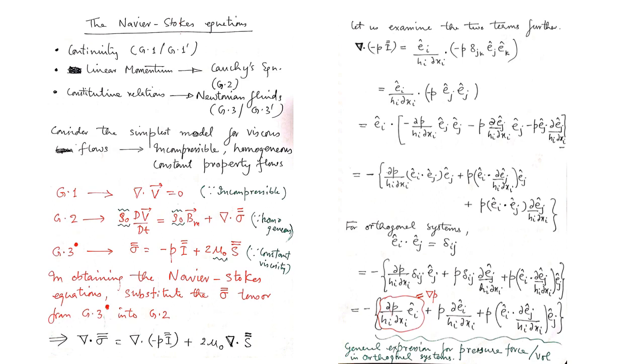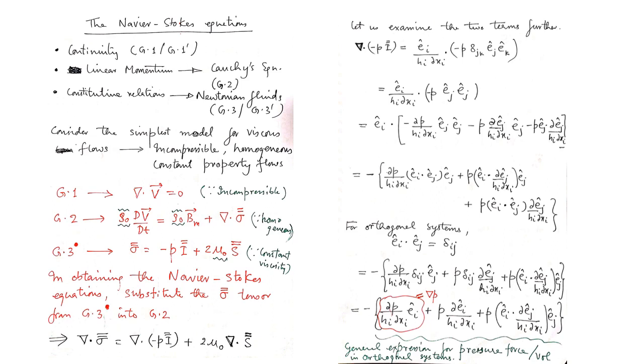Okay, so once these general relations G1, G2 and G3 are simplified using the ideas of incompressible, homogeneous and constant property flow, we can obtain the Navier-Stokes equations by substituting the total stress tensor from G.3 into G.2.